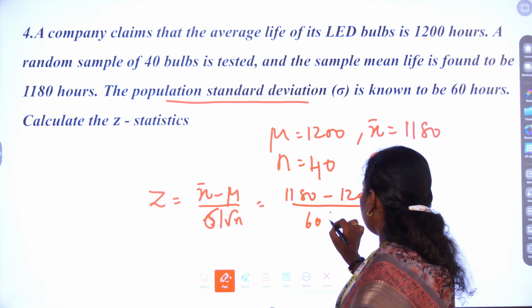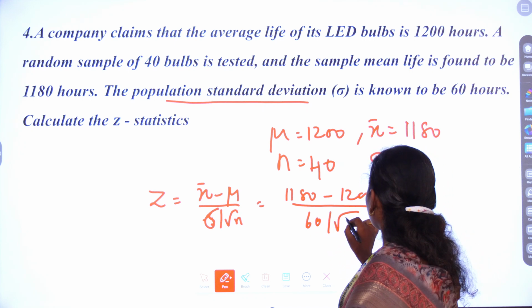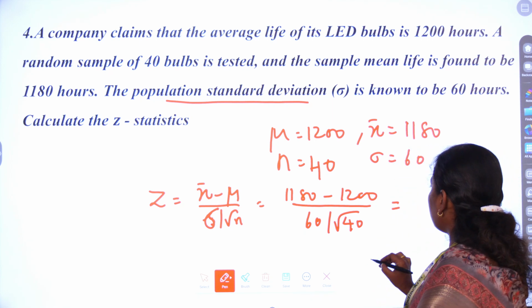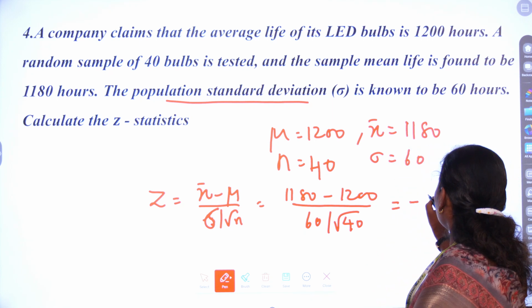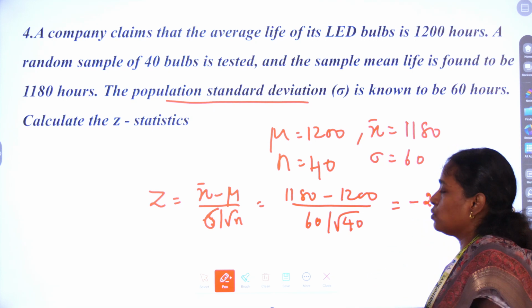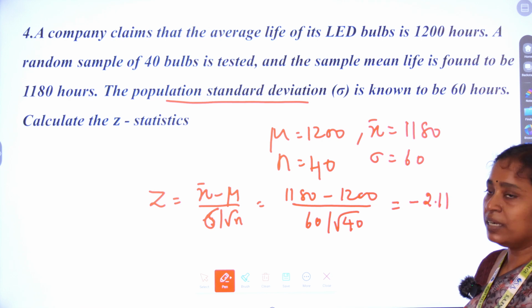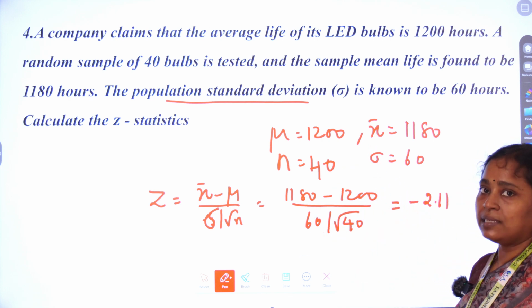So 60 divided by square root of 40. So when you calculate it, you will get the answer to be minus 2.11, which is nothing but your Z statistic.